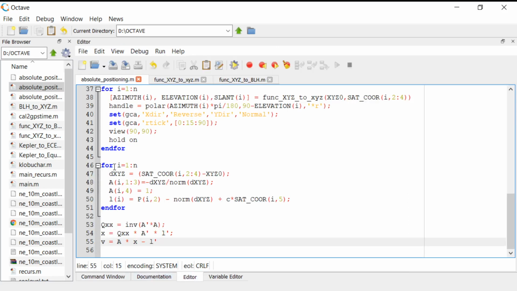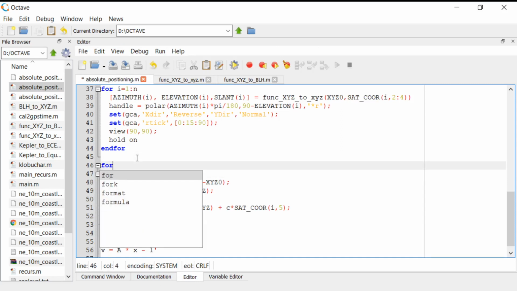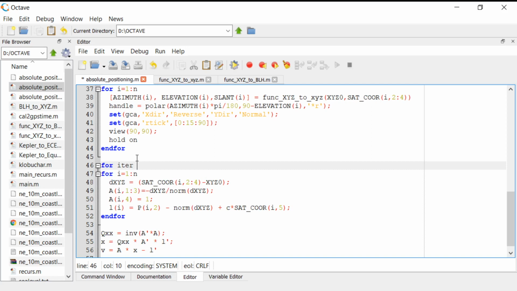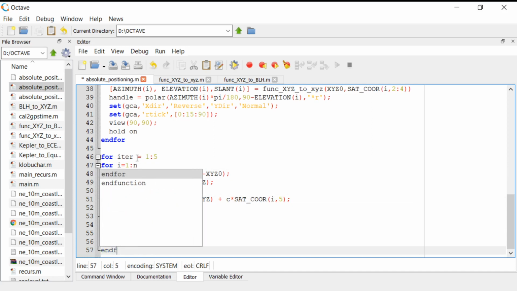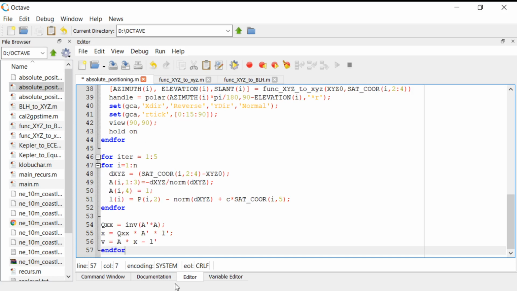For this purpose, we need to make an iteration. Let's do iteration equal to 1 to, let's say, 5, for example. 5 will be enough.